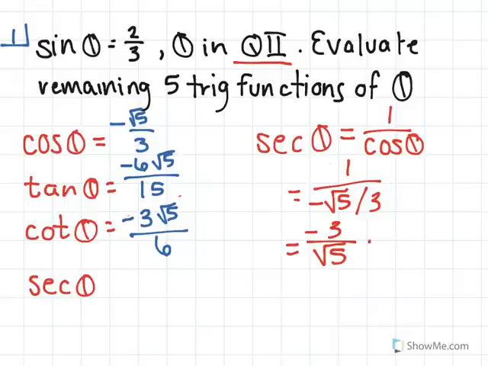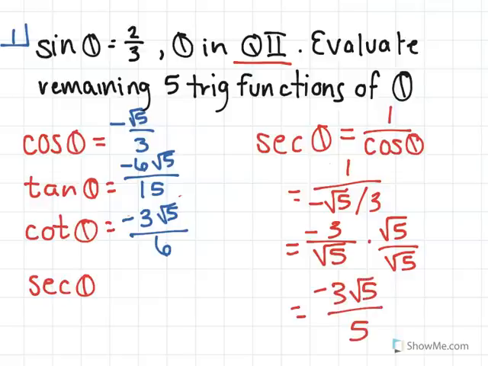And again, we have to rationalize by multiplying by the square root of 5 over the square root of 5. And we're going to have negative 3 root 5 over 5 as our value for secant theta. So let's go ahead and write that in. Negative 3 root 5 over 5.